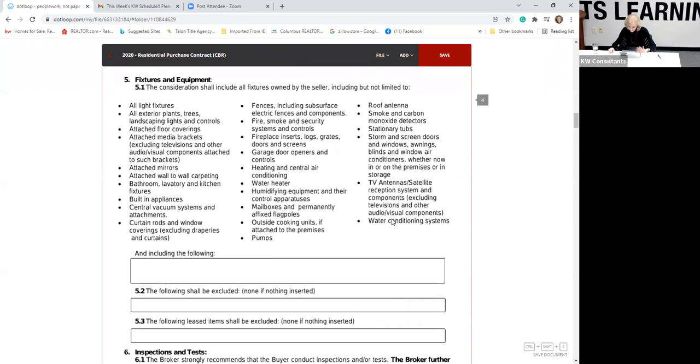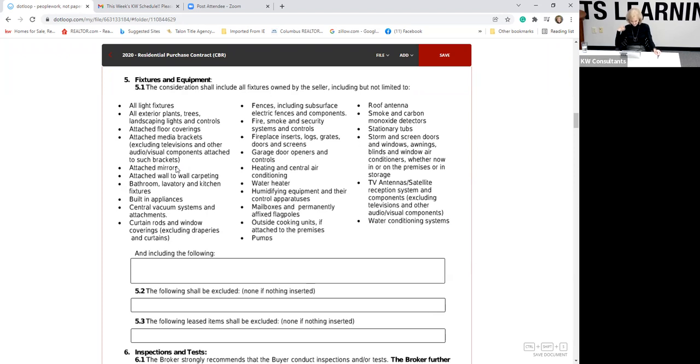Fixtures and equipment, this is really important, everybody. It lists all these things that are on there that do stay with the house. For instance, where you see attached mirrors, trust me, I'm sure there's a lot of realtors that have bought a mirror in their career.